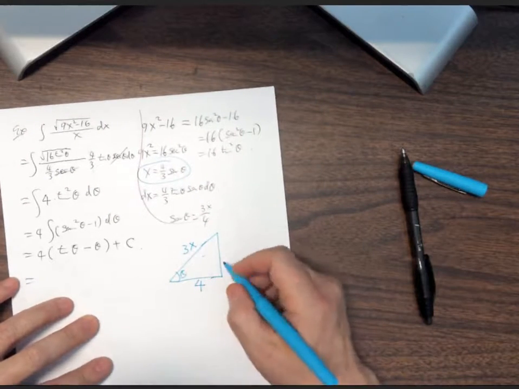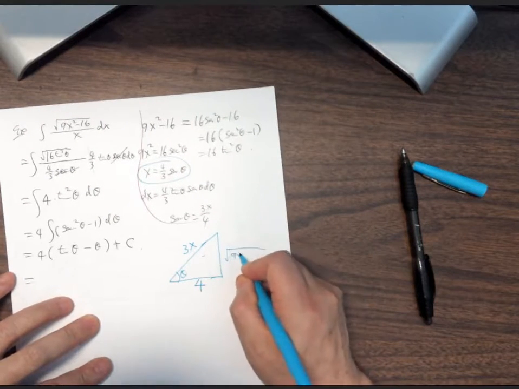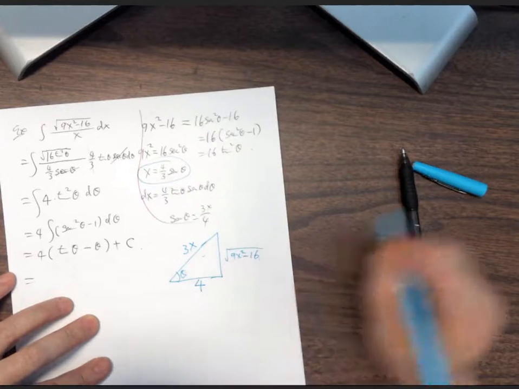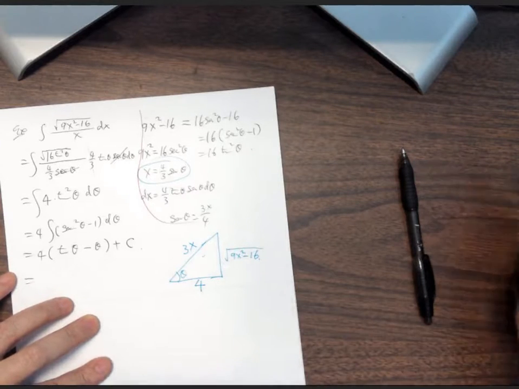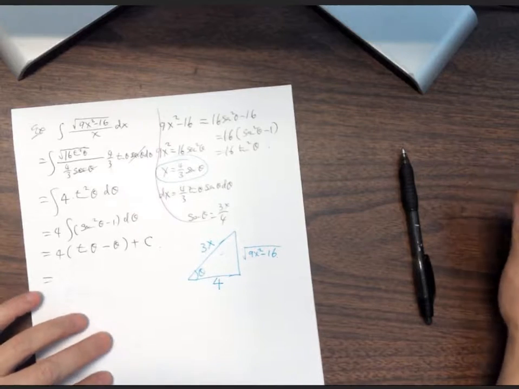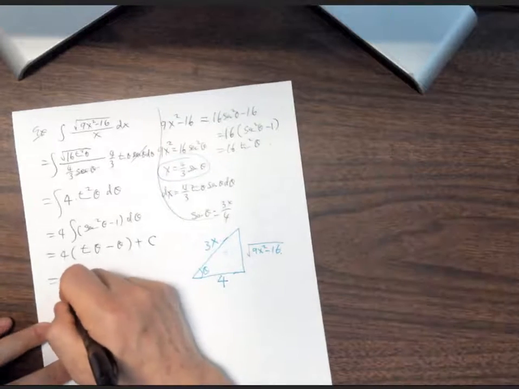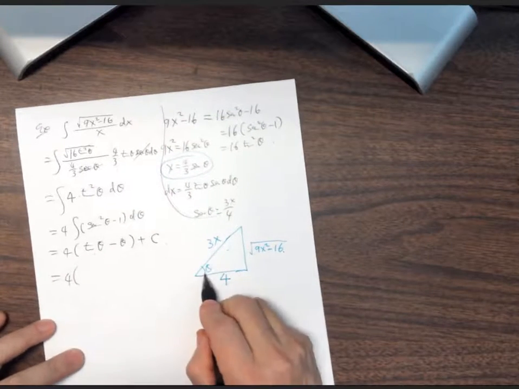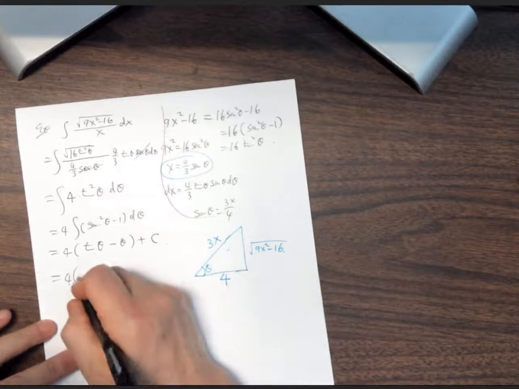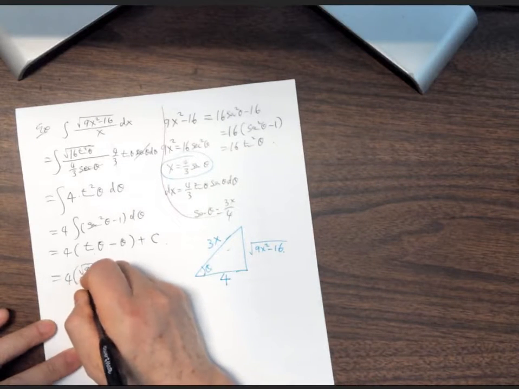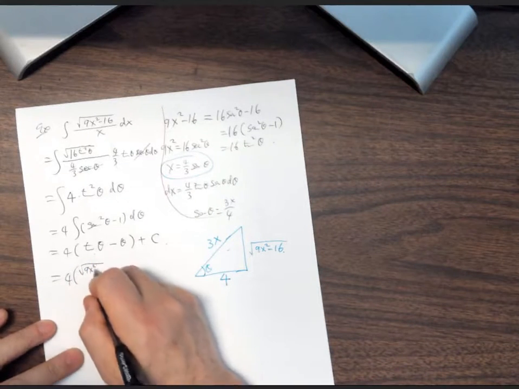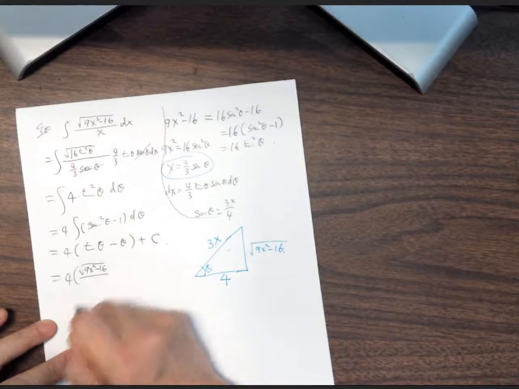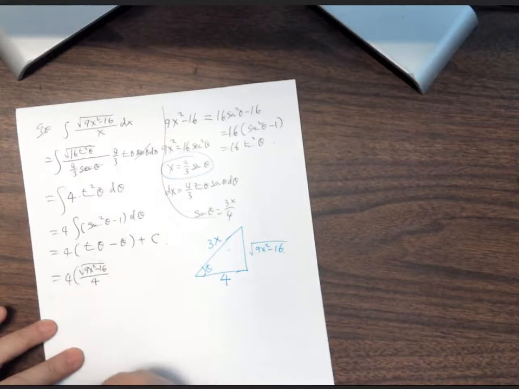With the Pythagorean theorem, we can figure out the opposite side. So the tangent, according to the triangle, is the square root of 9x squared minus 16, over 4.